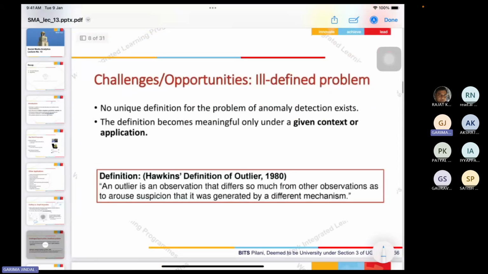So we can say that this is a very challenging problem. And there are different applications. One application is fake news spread, another is identifying fake reviewers, and a third is identifying the anomalous behavior of a student in a class. These are all different types of problems, and for these different types of problems we need different types of algorithms.